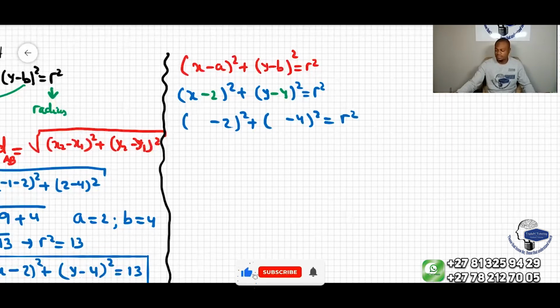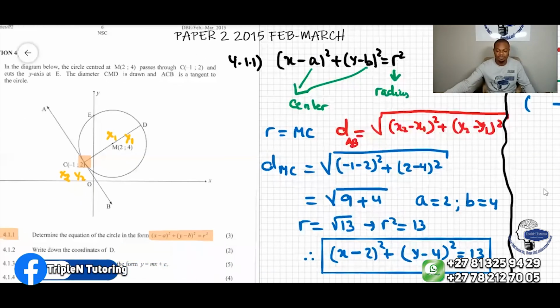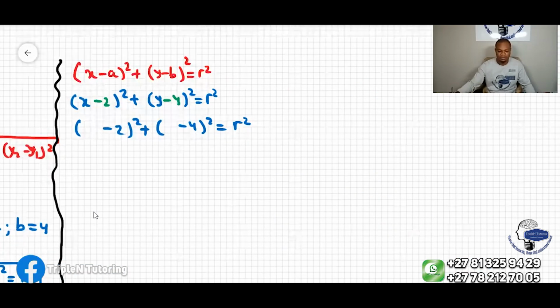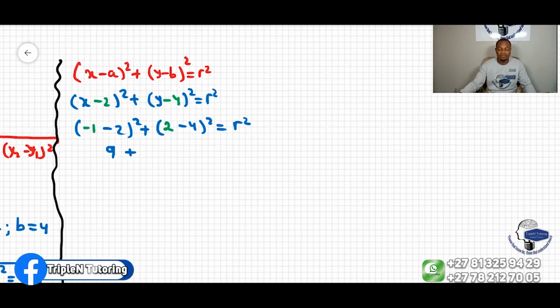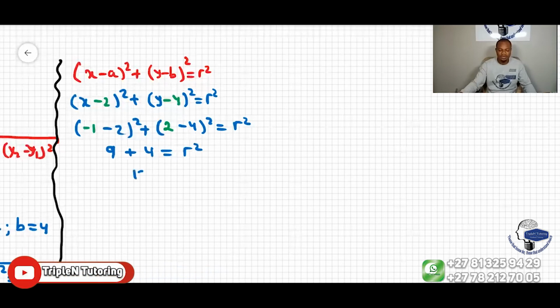The point C is given by (negative 1, 2), so I sub negative 1 for x and 2 for y. Negative 1 minus 2 to the power of 2 is 9, plus 2 minus 4 to the power of 2 is 4. This is equal to r squared, and now this makes 13 equal to r squared.